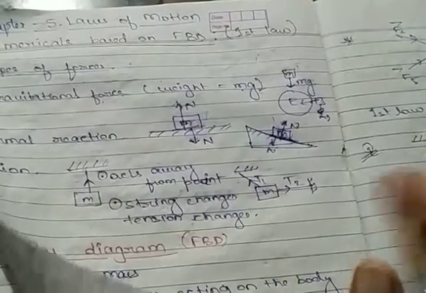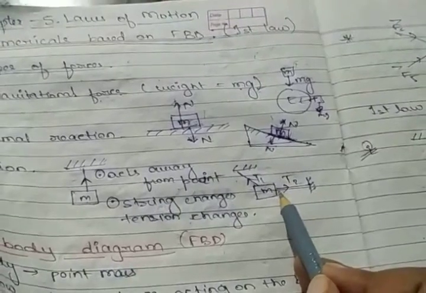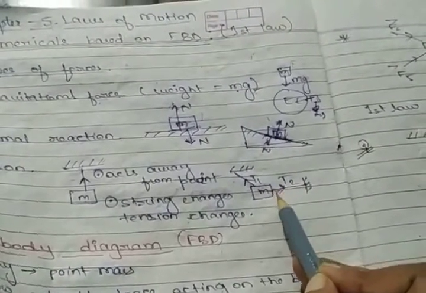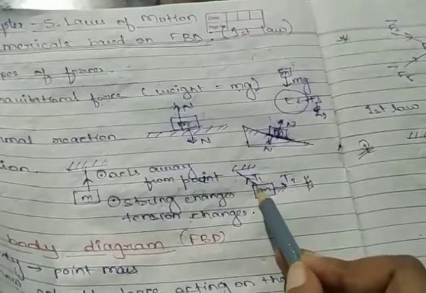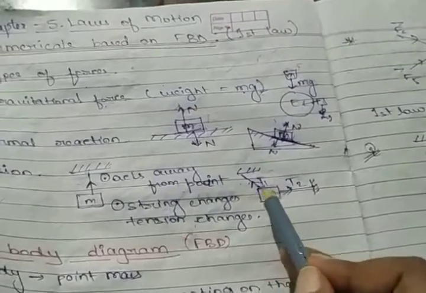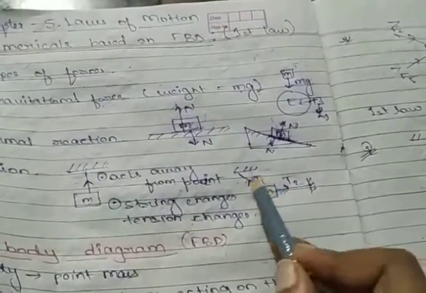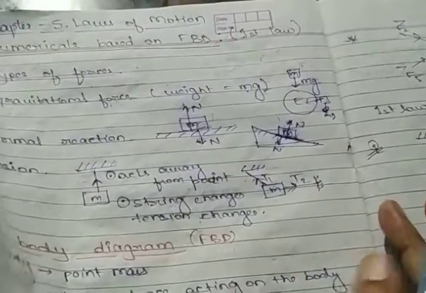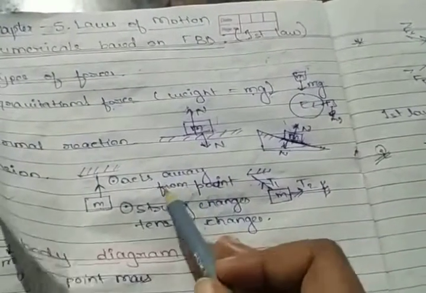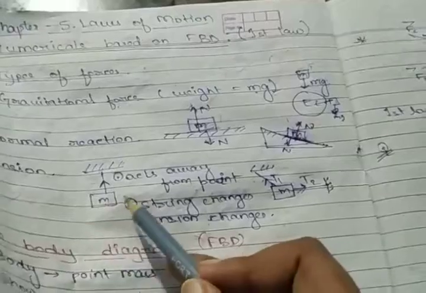The mass is at rest. Tension is applied here away from the body, and here also, seeing this mass, tension is applied away from the body. But since the wires are changed, the tensions will also be changed. This we have to remember always: the tension acts always away from the body.